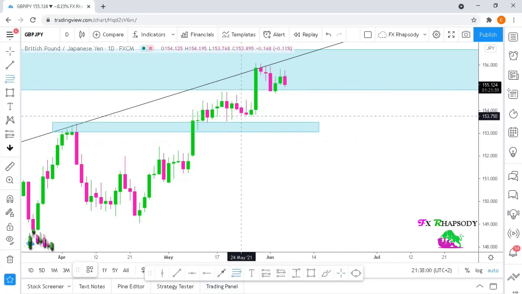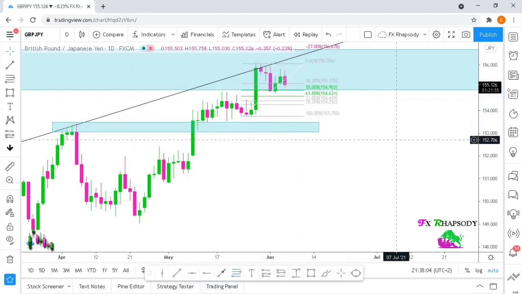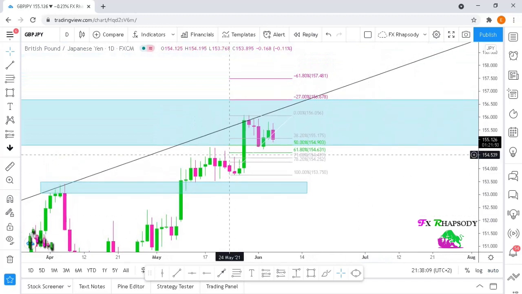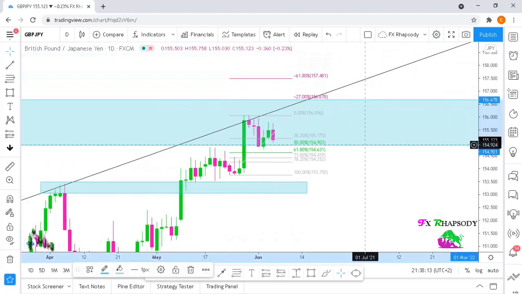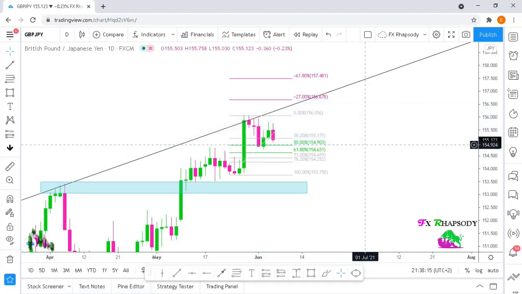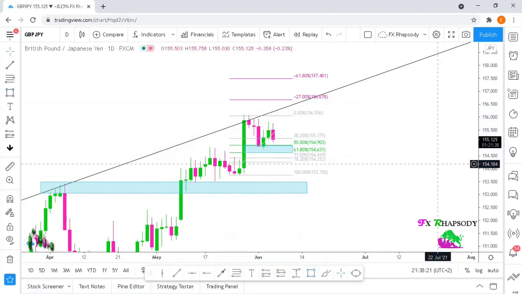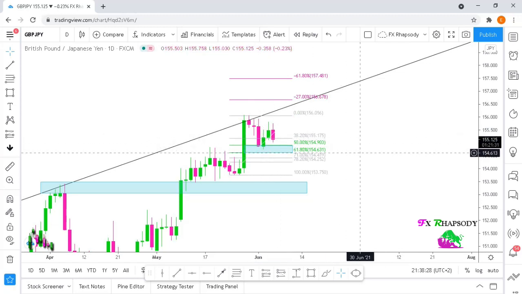When price shot up, it basically touched our trend line over here, then came back and retraced straight into our 50% to 61.8%, and it went up. So you know what is going to happen next, guys.